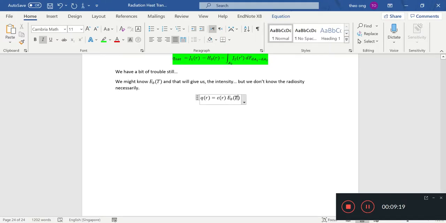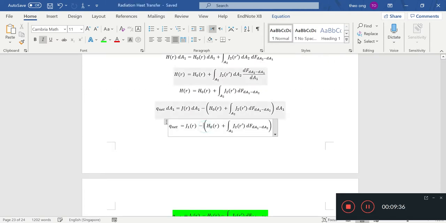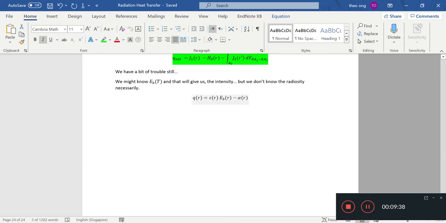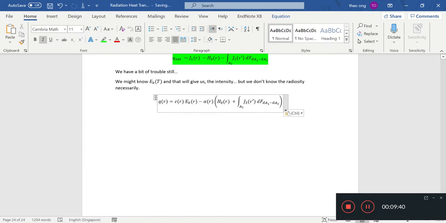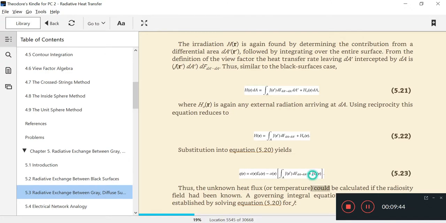EBR, because again, the black body emission might differ across the whole surface if there's a temperature profile. Alpha R, and we'll need to substitute this whole expression for H here. So this is what is going on.